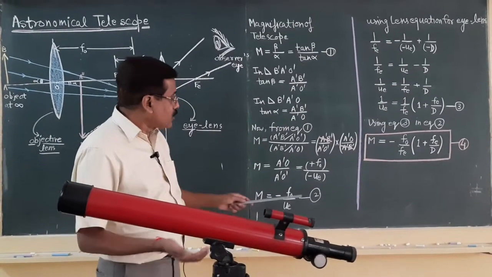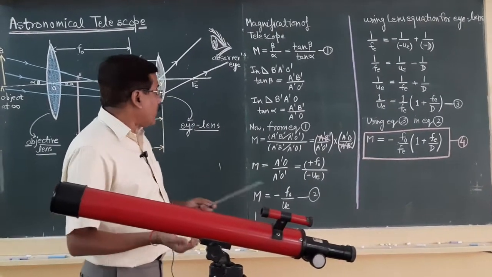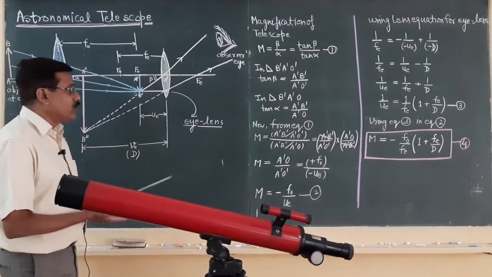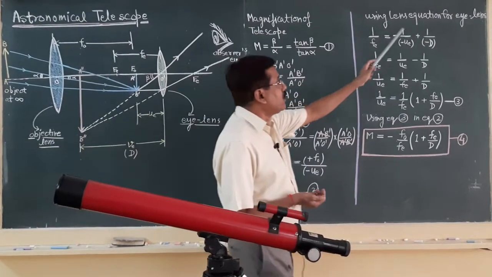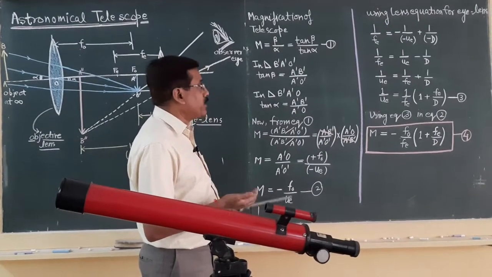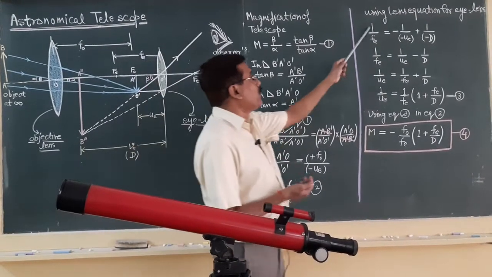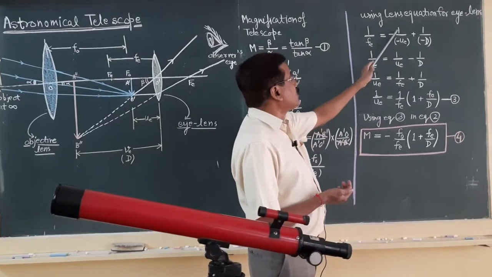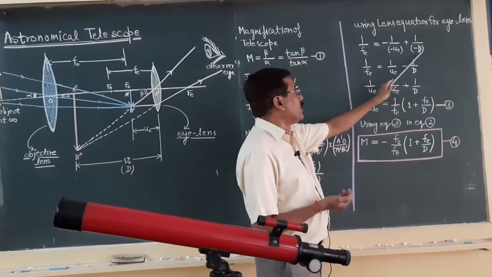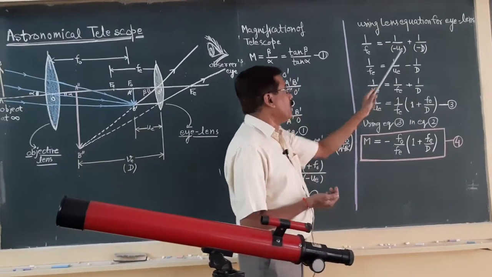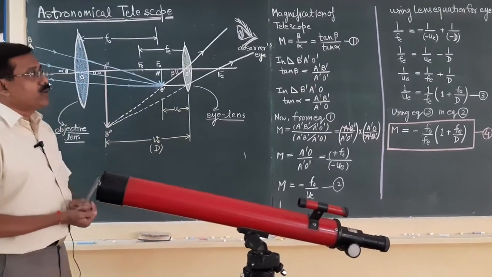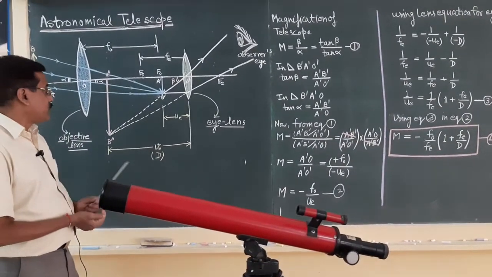Now ue is not known; we do not know at what distance A'B' is formed with respect to the eye lens. So with the help of the lens equation for the eye lens, we will find the value of 1 by ue in known parameters. So 1 by fe is equal to 1 by minus ue minus 1 by minus D. The signs of ue and D will be negative because both are opposite to the direction of light propagation.